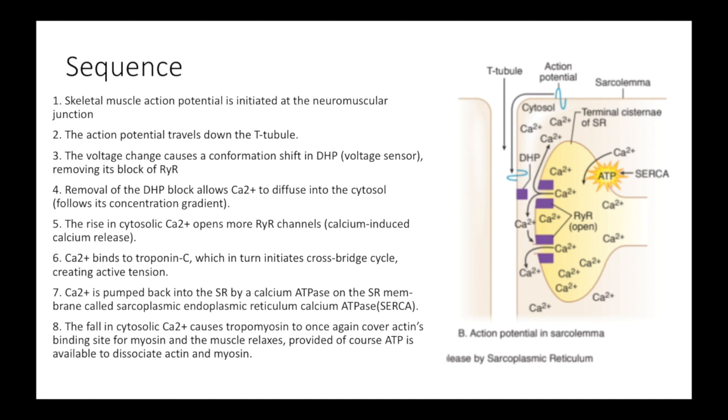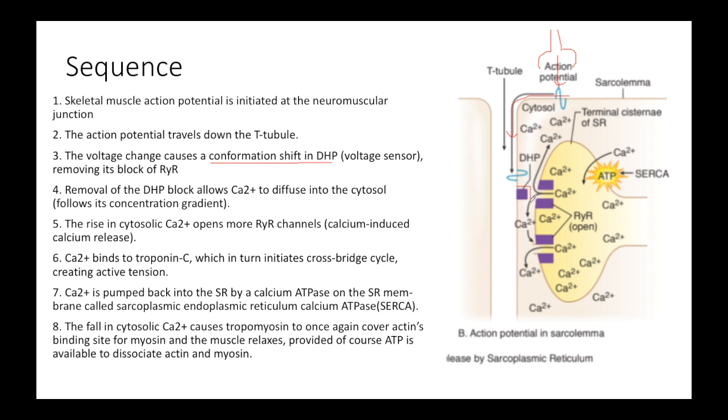Okay. So during our actual contraction process, when there's an action potential going on, I'm going to go through the sequence of what occurs. We have an action potential initiated at a neuromuscular junction. This travels down our T tubules, and that will cause a conformation shift in our dihydropyridine receptors.